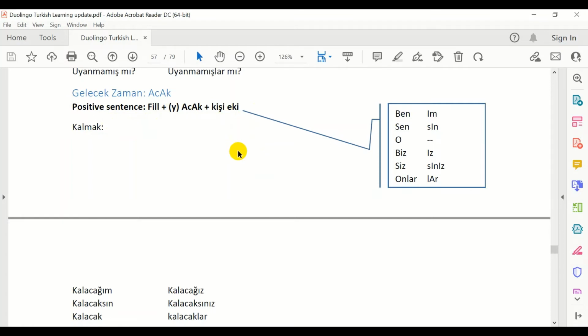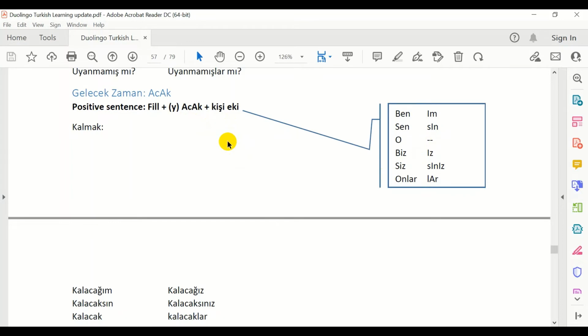I hope now you have noticed the general structure of sentences in different tenses: first you have the verb, after the verb the tense suffix, and after the tense suffix the personal suffix. It means three key components: verb, tense suffix, and personal suffix. So you can see the personal suffix in the future tense here.